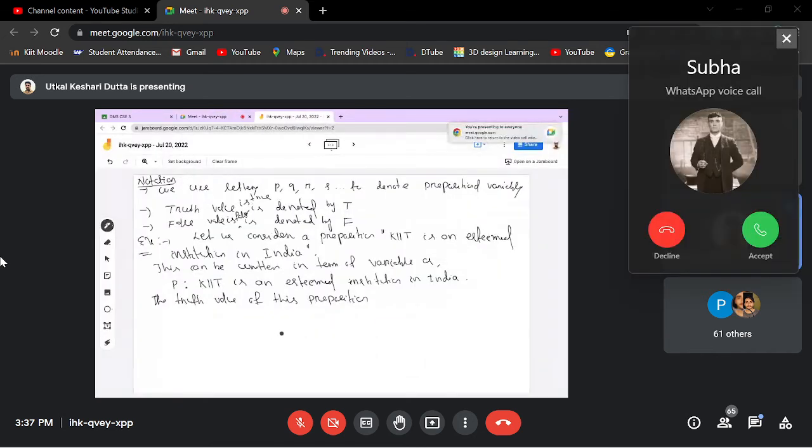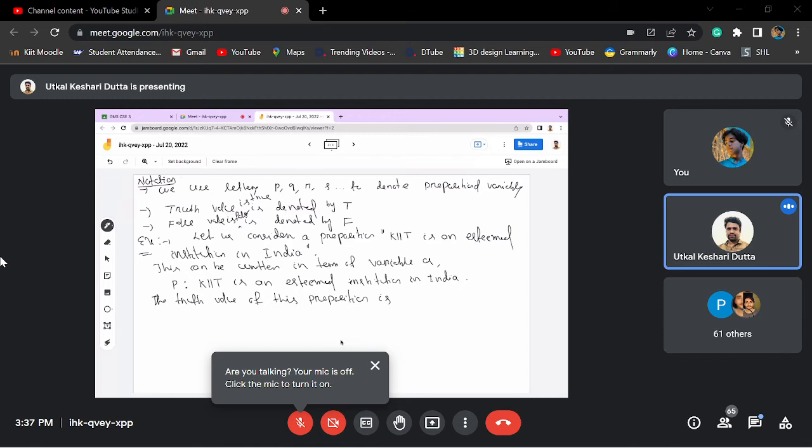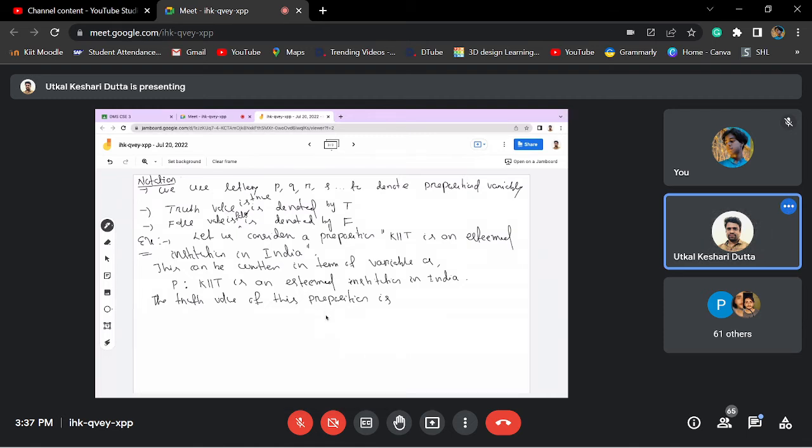The truth value of this proposition is true or false? It is true or false? True. Yeah, it is true. So you can write capital T. Capital T stands for true, capital F stands for false.